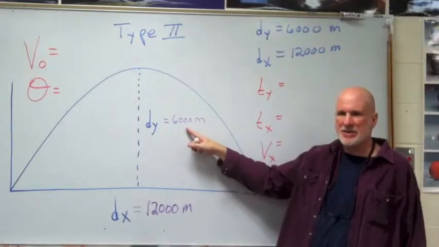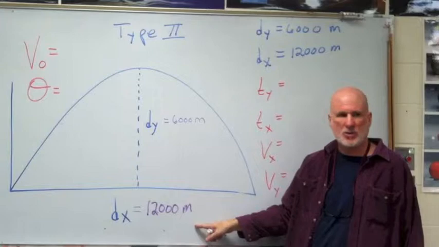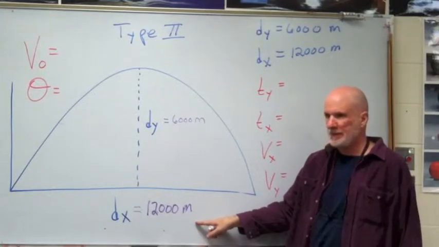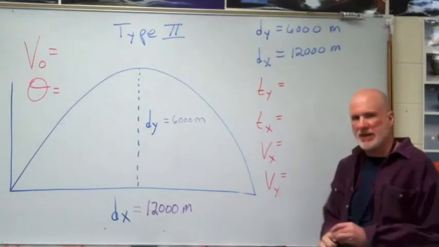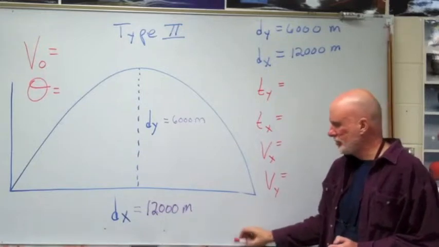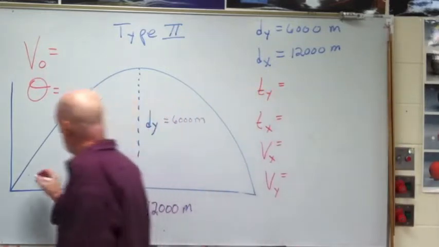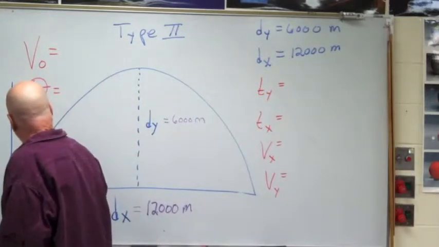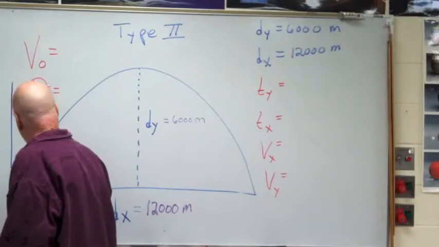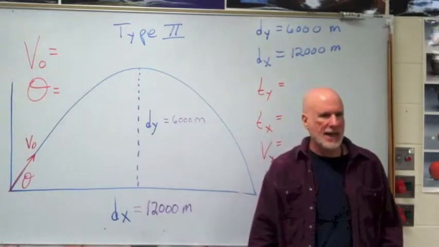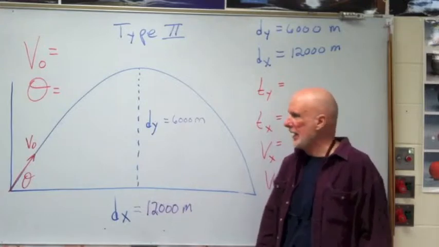This height is 6,000 meters, and this distance is 12,000 meters. And the object of the exercise is to determine V0 and the angle.